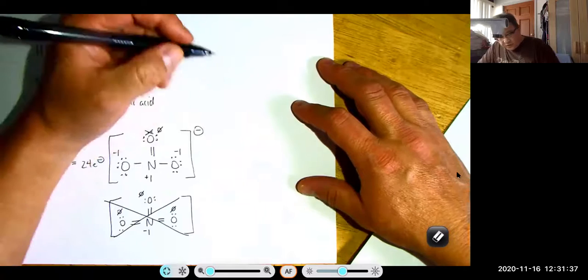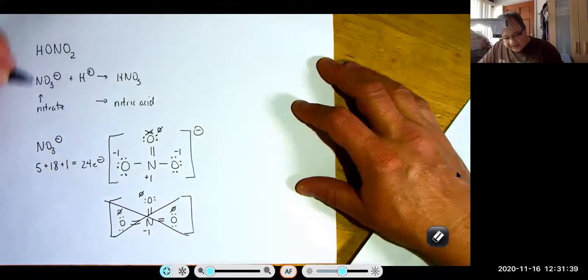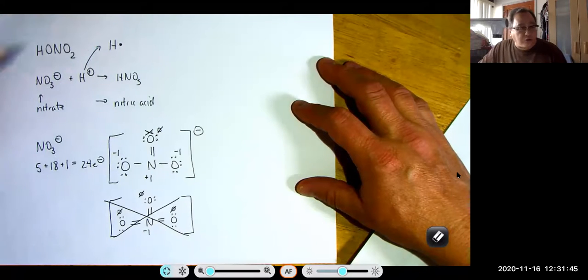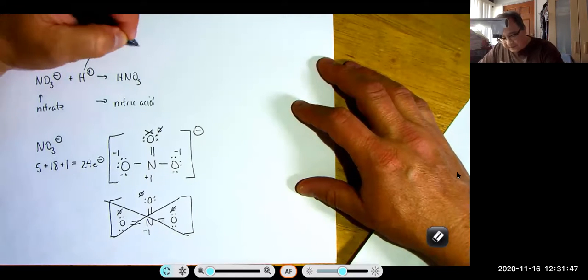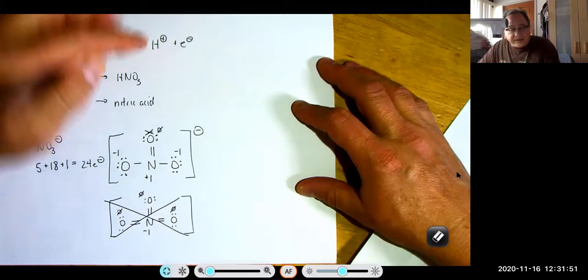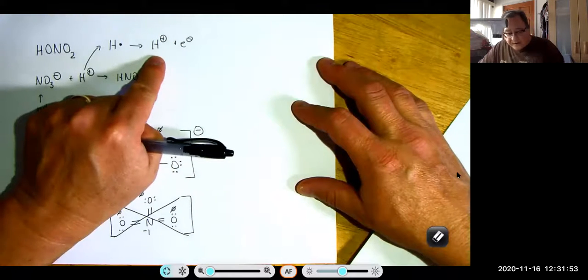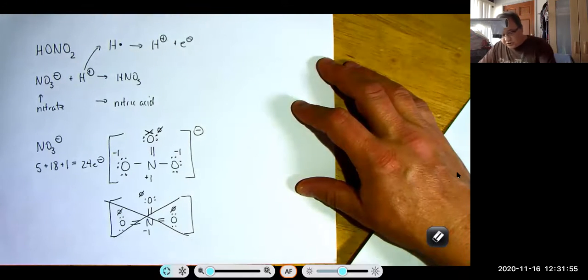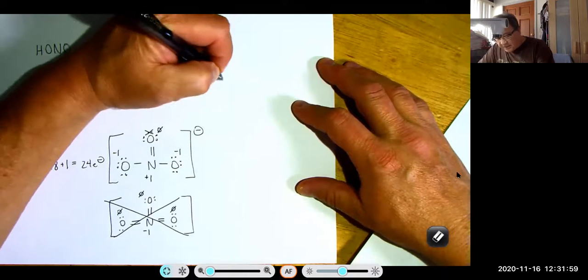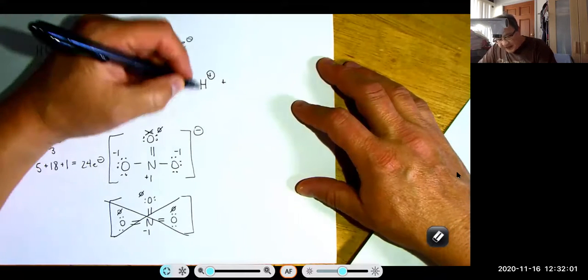Now, let's look at this H+. What does its Lewis structure look like? Well, here is a neutral hydrogen atom. And here is an H+ atom. It has no valence electrons. So what can happen here is this guy with no valence electrons can react with this guy here.